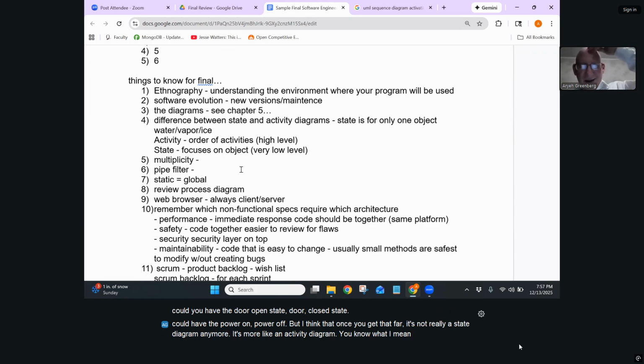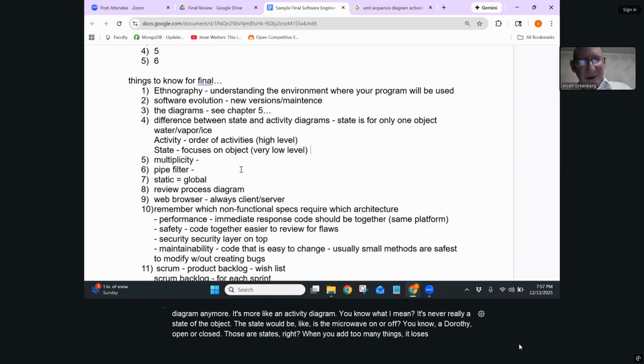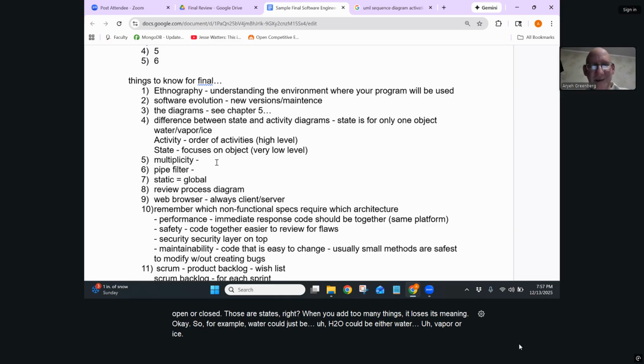The state would be whether a microwave is on or off, a door either open or closed. When you add too many things, it loses its meaning. For example, H2O could be water, vapor, or ice, and it transitions between them.